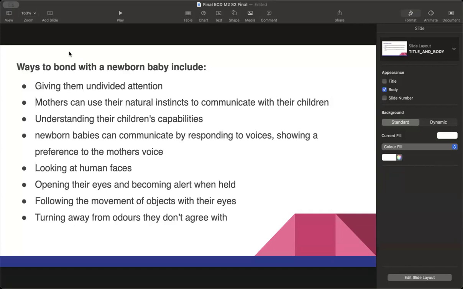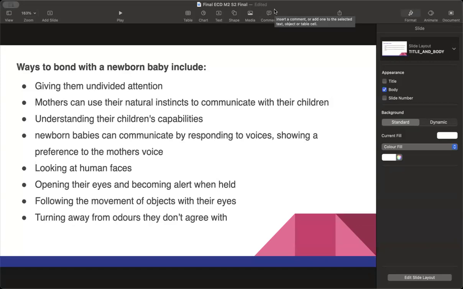Newborn babies can communicate by responding to voices, showing a preference for the mother's voice, looking at human faces, opening their eyes and becoming alert when held, following the movement of objects with their eyes, and turning away from all those they don't agree with.